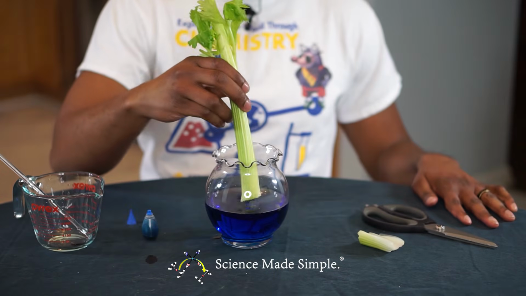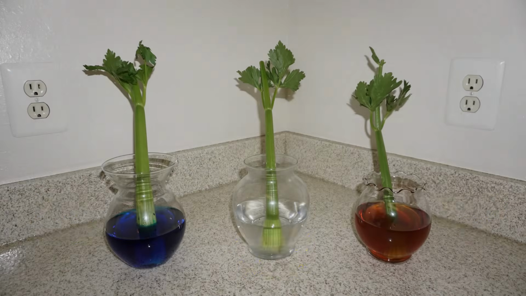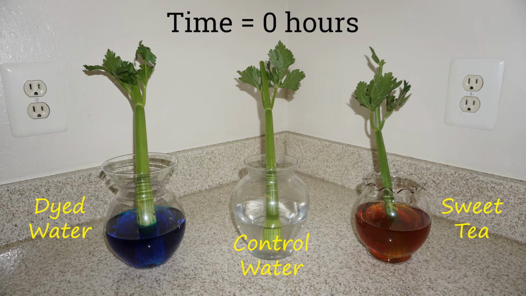Now, place your celery stalk inside the vase with the dyed water. Now observe the color of the celery for 24 hours. You may want to take notes in your lab notebook and some pictures at specific time intervals like 3 hours, 6 hours, 12 hours, and so on.